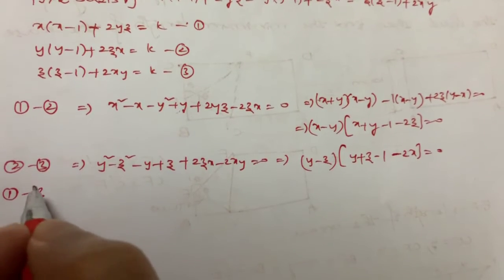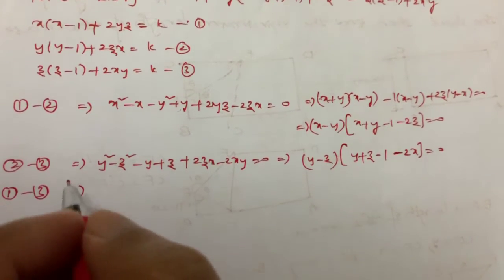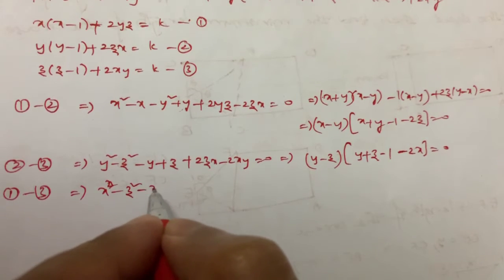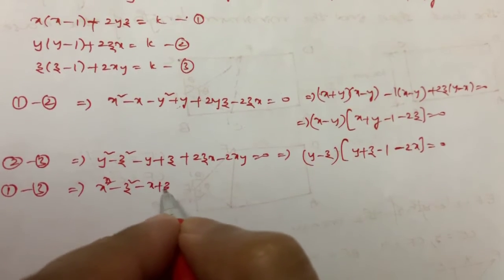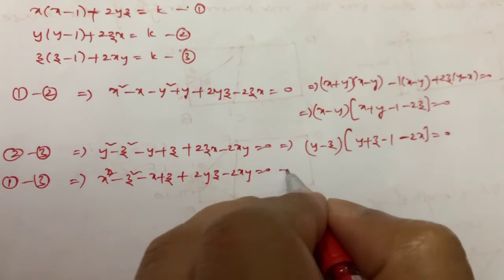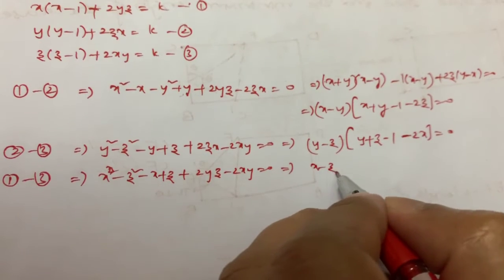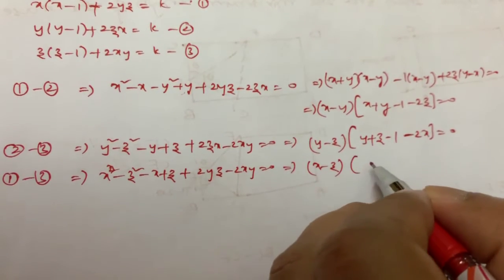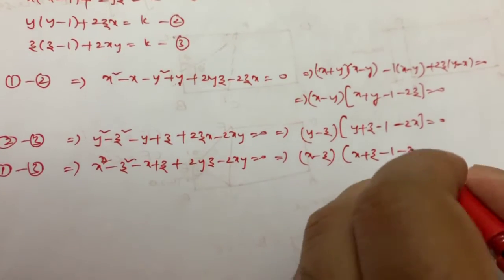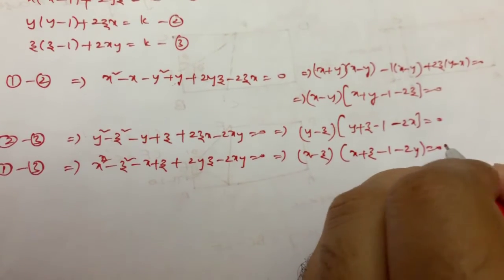Again 1 minus 3: x² − z² − x + z + 2yz − 2xy is equal to 0. So (x − z)(x + z − 1 − 2y) is equal to 0.